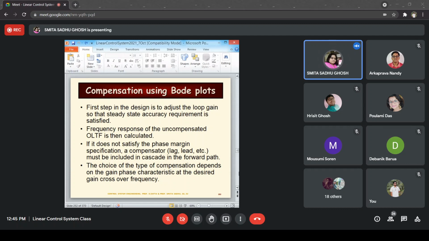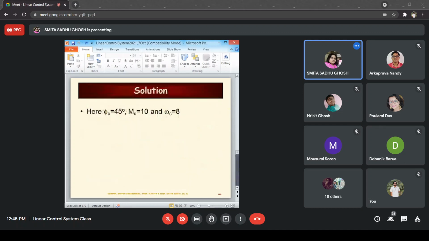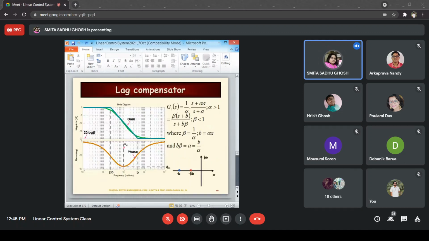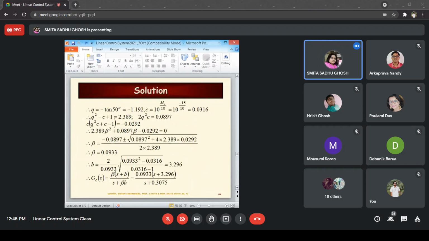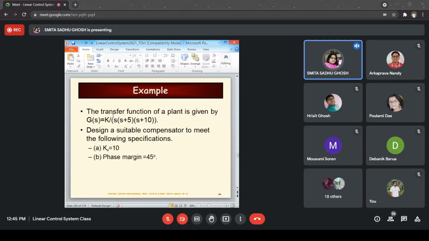I'll show you an example. I'll go to the next slide. Let us say the transfer function is specified in terms of k by s, s plus 5, s plus 10. So this is the transfer function.